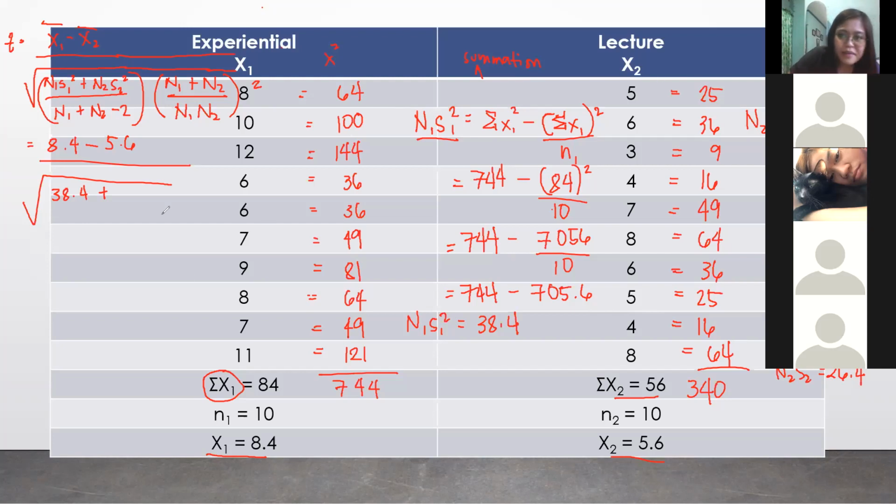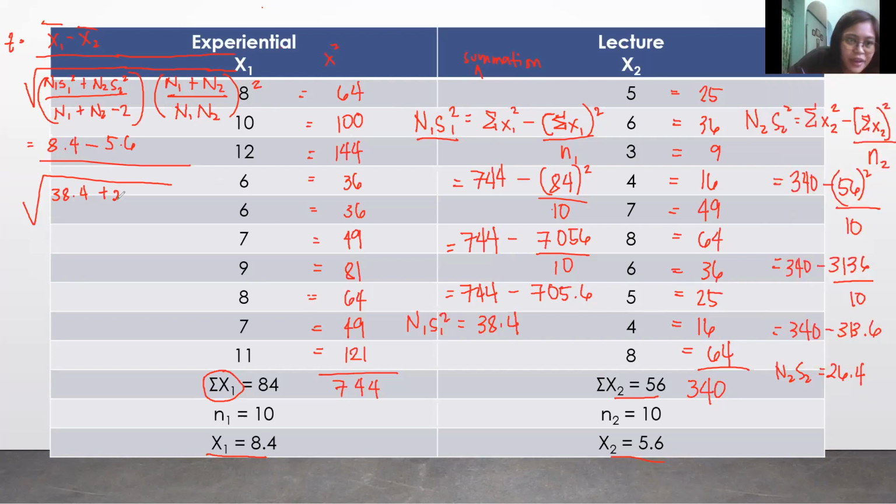Makahurot og oras ang mano-mano nga computation. So it's 26.4 divided by N1. N1 remember is 10. 10 na sila kabuok. Sample size man ang N. So 10 plus pila kabuok ang N2? 10 pod minus 2.